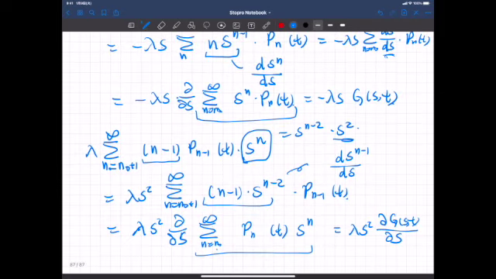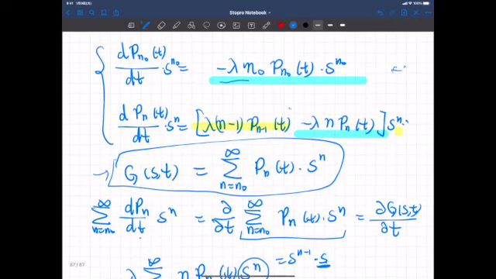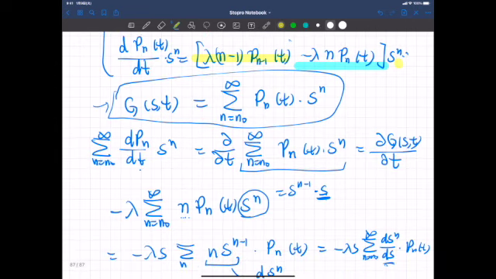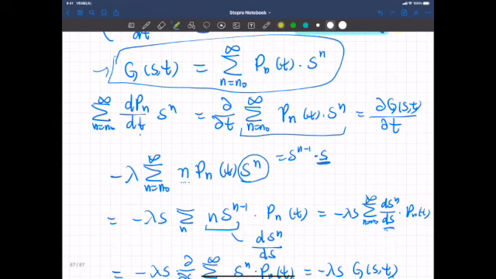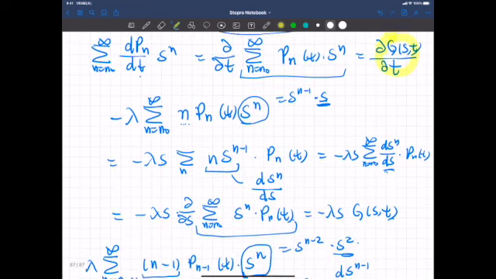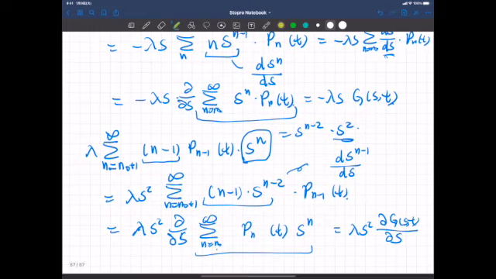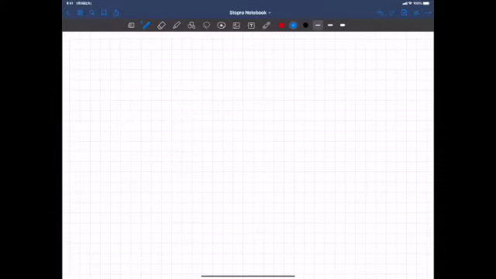So after all, on the left hand side we have this, and on the right hand side we have this and this. So after all, if we summarize, we have this differential equation.